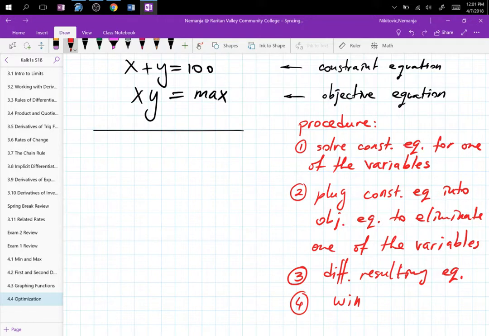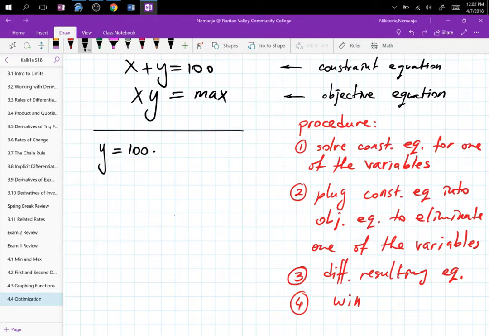Now, without me solving any of the problems for you, are you able to follow the procedure and solve these two equations? Clearly, step number one says solve the top equation for any of the two variables. So what do you write? Y equals 100 minus x.